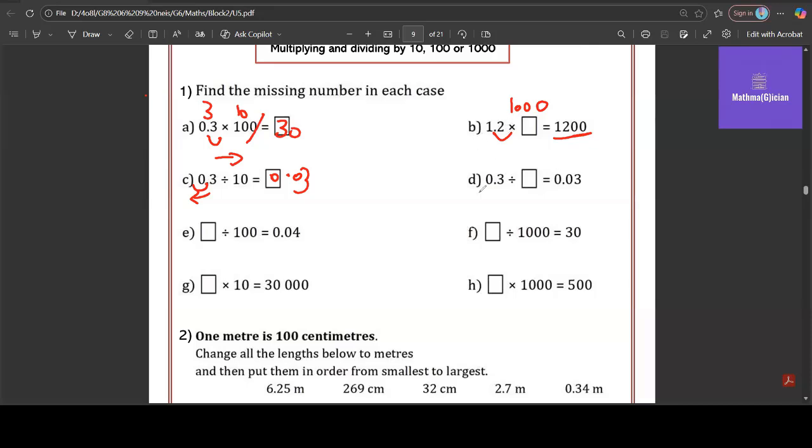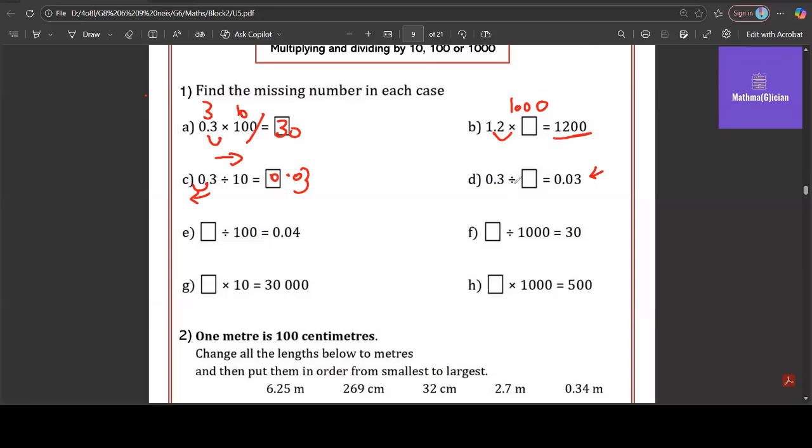Right. Going forward, 0.3 divided by what equals 0.03? Instead of saying 3/10, it became 3/100. So what is the difference between tenths and hundredths? Tenths is a part of a 10 whole, and hundredths is a part of a 100 whole.